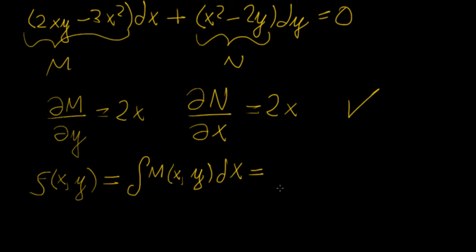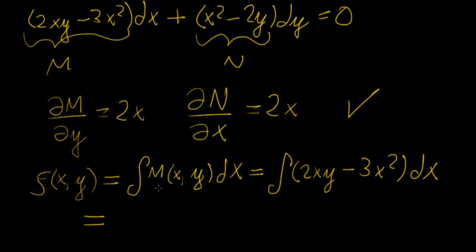And what's that going to be? Well, we're going to have the integral of 2xy minus 3x squared dx. And that's going to give us x squared y minus x cubed plus some constant, but that constant is not going to be a single value.